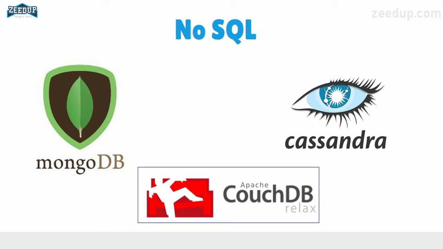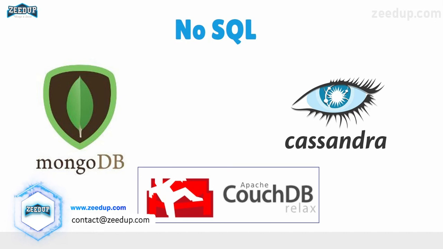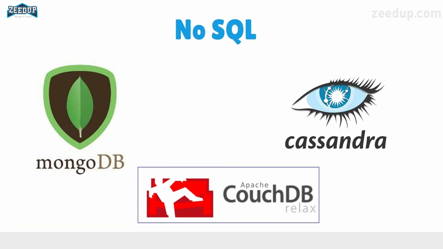NoSQL is very easily used for big data and real-time web applications. An example could be popular sites like Twitter, Facebook, Instagram, Google, etc. They collect terabytes of user data every single day. And for this kind of data, NoSQL databases are considered a perfect match.